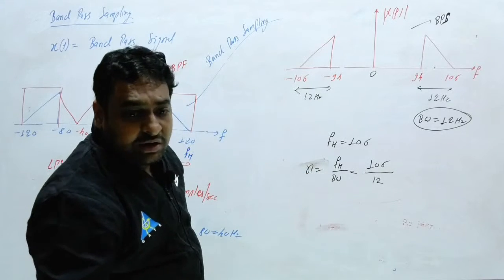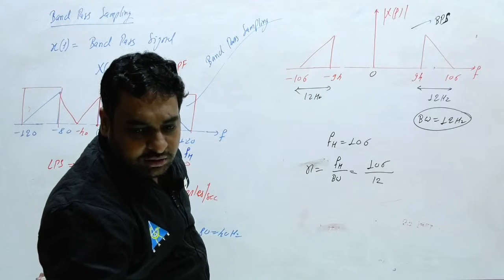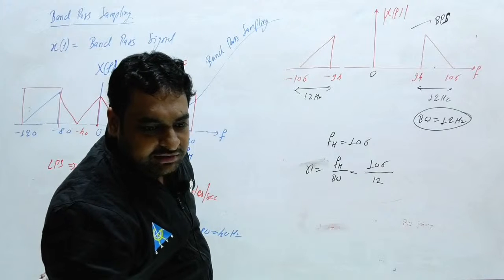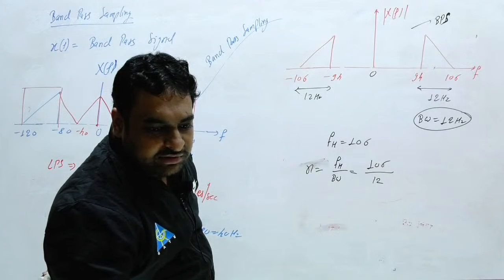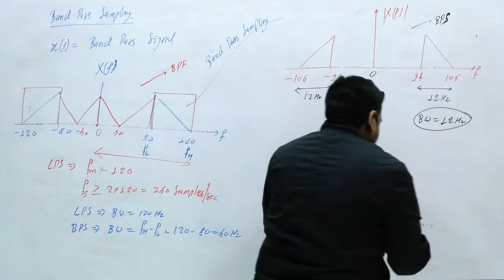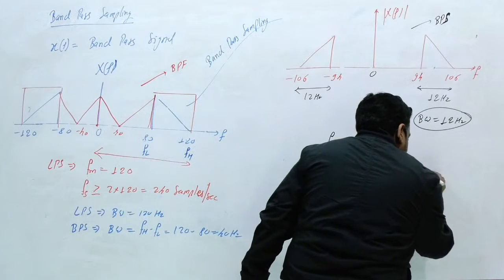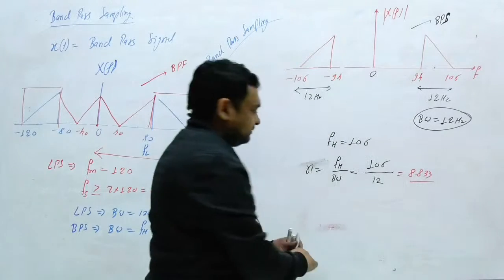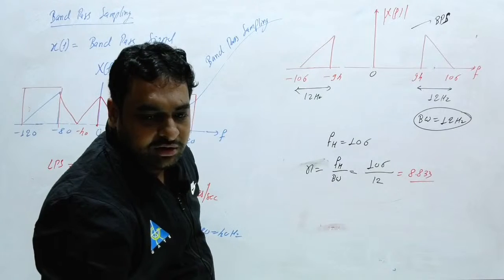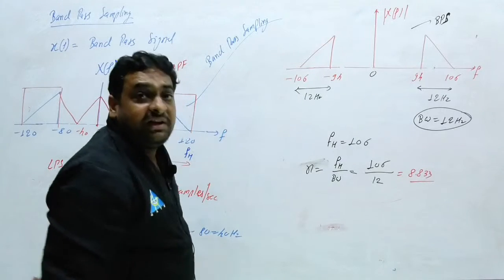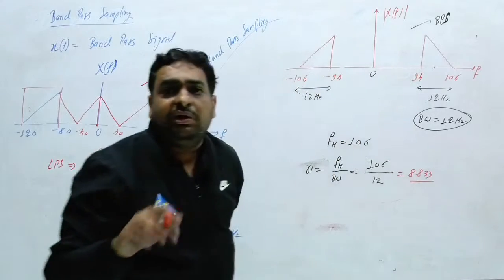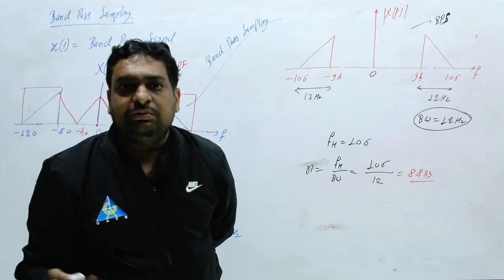So will this be an integer or not? 106 by 12, exactly what value do you get? 8.833. Is this an integer? Non-integer. Then it means some space will be wasted.